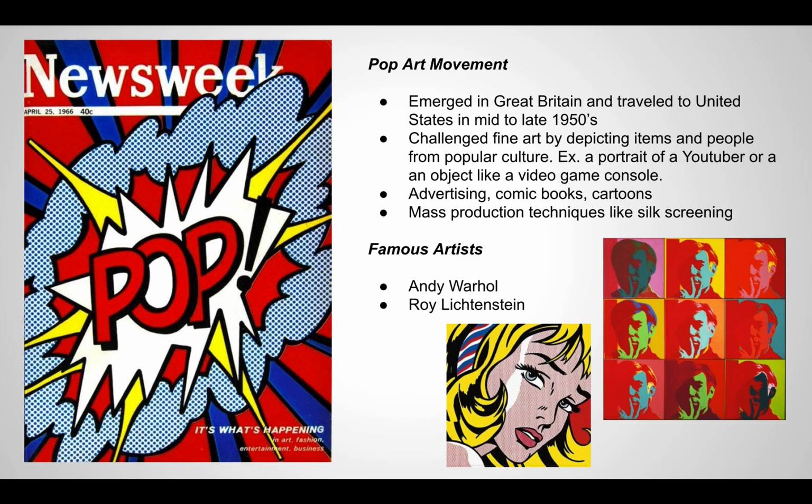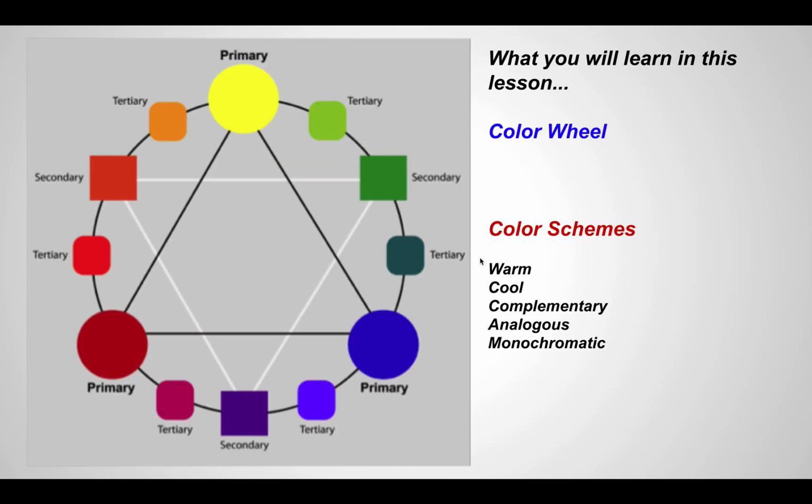And all of these things could be mass produced, either printed, screen printed, or even contemporary pop art uses a lot of technology. So pop art in the 60s and the 50s was silk screening, which was a hand technique, but still a way to mass produce something. And two famous pop artists are Andy Warhol and Roy Lichtenstein.